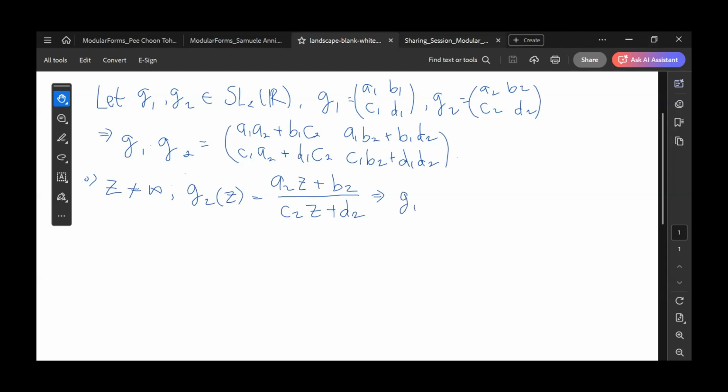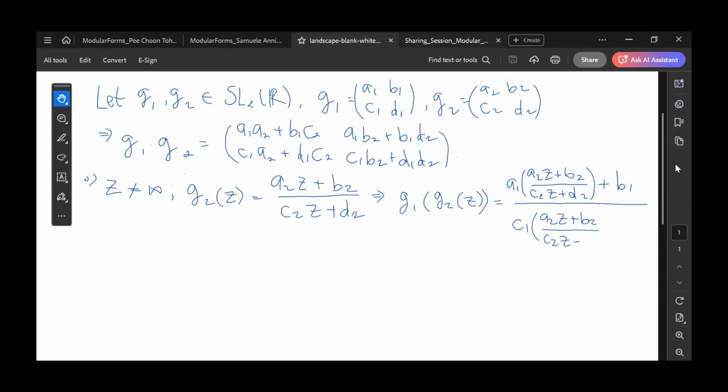So using this in g1, it will be a little bit messy, but we will have a1 times this plus b1, then we will have this. This form can be simplified into this.